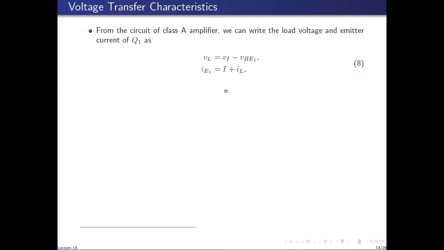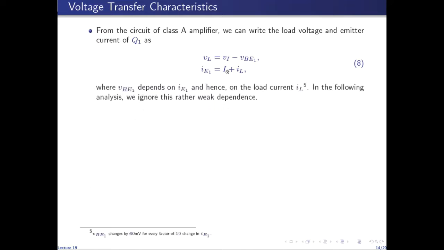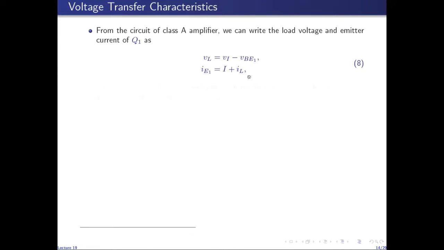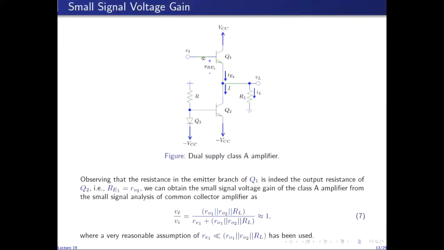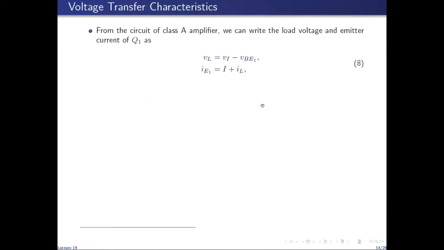From the circuit of the class A amplifier, we see that VL is equal to VI minus VBE1, and IE1 is I plus IL. You can easily see that VI minus VL is VBE1, so VL is VI minus VBE1, and IE1 is the sum of I and IL.